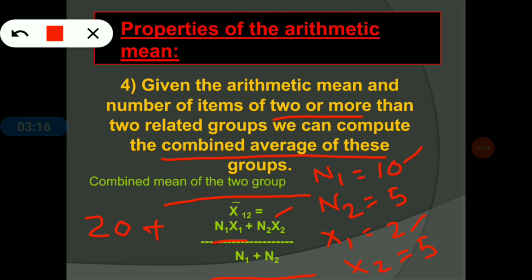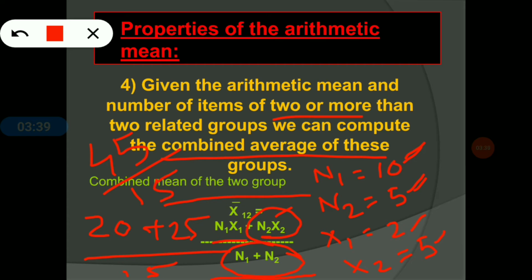So 20 plus n2 into x2. So n2 is 5 and x2 is also 5. So 5 into 5, that means 25. And now the denominator, that is n1 plus n2. So n1 means 10 and n2 means 5, that means 15. So 45 by 15, so I think this is 3. So 3 is the combined mean of this example. So I think this is clear.